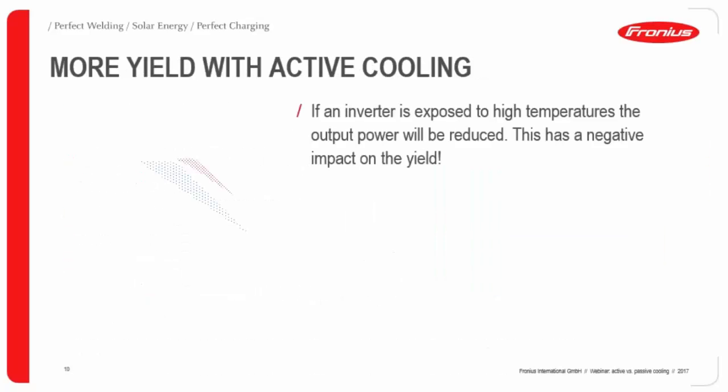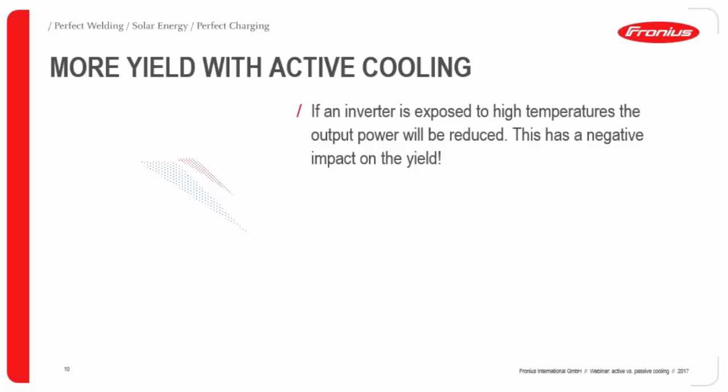Okay, turning to another argument, which is about the yield. Basically, you can also say once you expose an inverter to high temperature, the inverter would ramp down its output power to make sure that it doesn't break down or nothing gets broken.